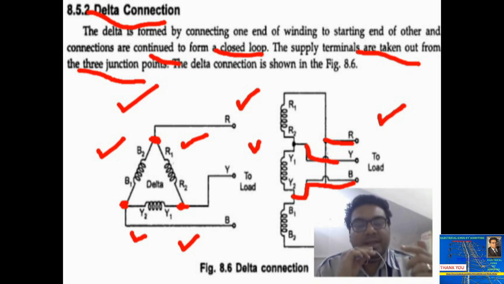Now in our next video we will discuss the mathematical formulas, the difference between star and delta connection, and what will be the formula for voltage. We will learn what is phase voltage, what is line voltage, what is phase current, what is line current, what will be the equation of power, and what will be the relation between line voltage and phase voltage.